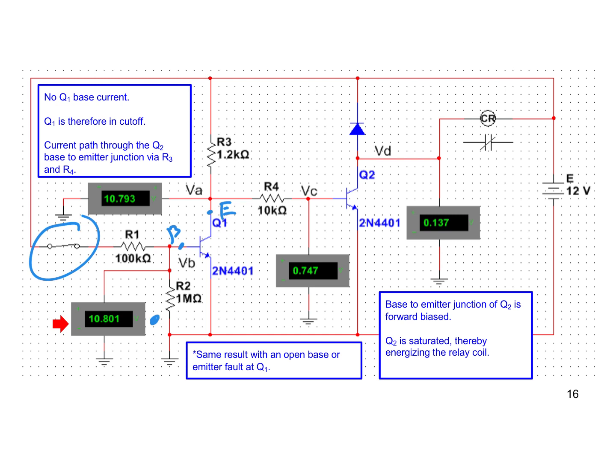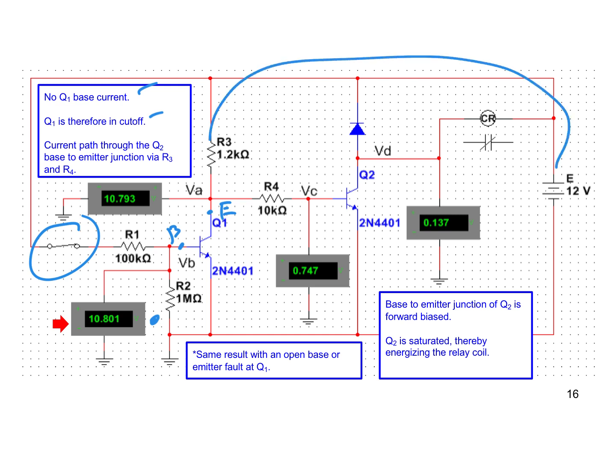Sometimes faults have more than one cause, but in any case, the transistor needs to be replaced. Practically, it's really not necessary to determine the exact precise fault. Just determine the faulty component and replace it. With no current going into the base, Q1 is in cutoff.